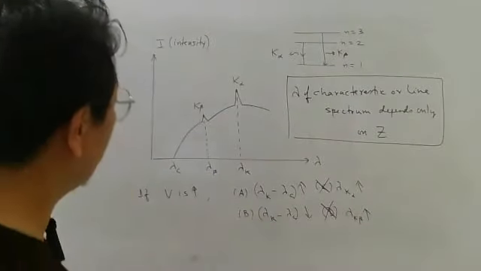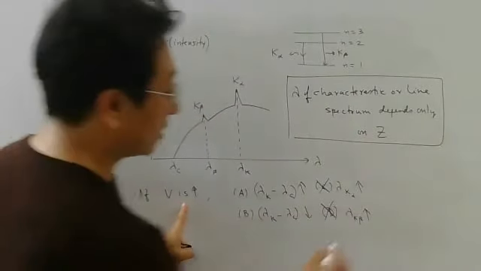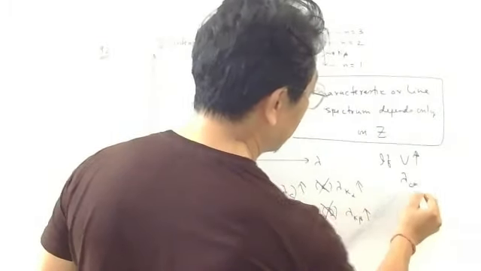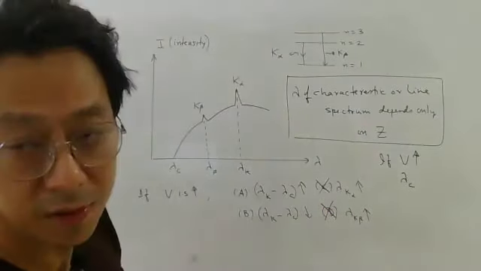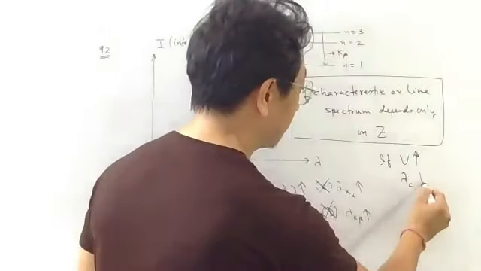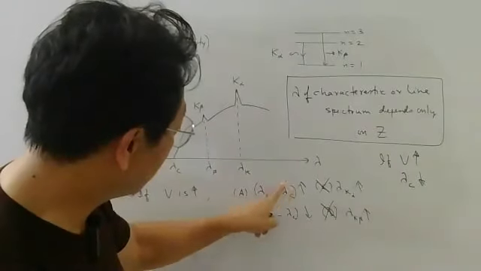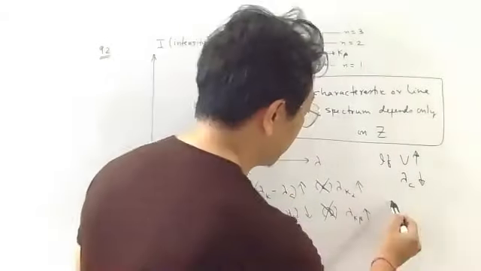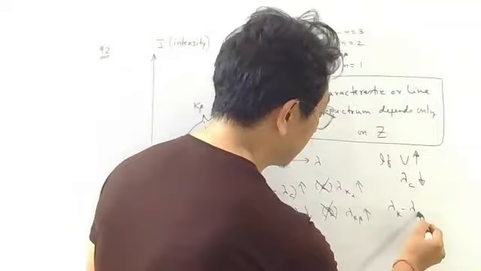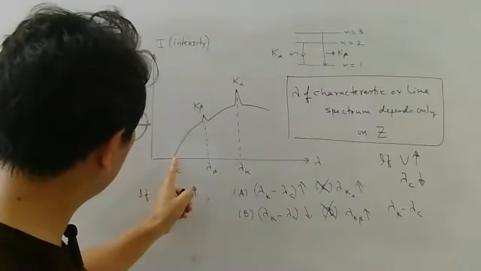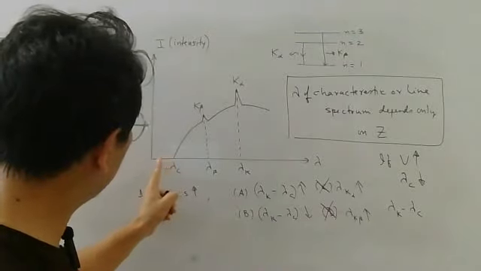But they told that voltage has increased. So if voltage is increased, what happens to the cutoff wavelength? Decrease. If lambda c decreases, it goes this side, towards the origin.